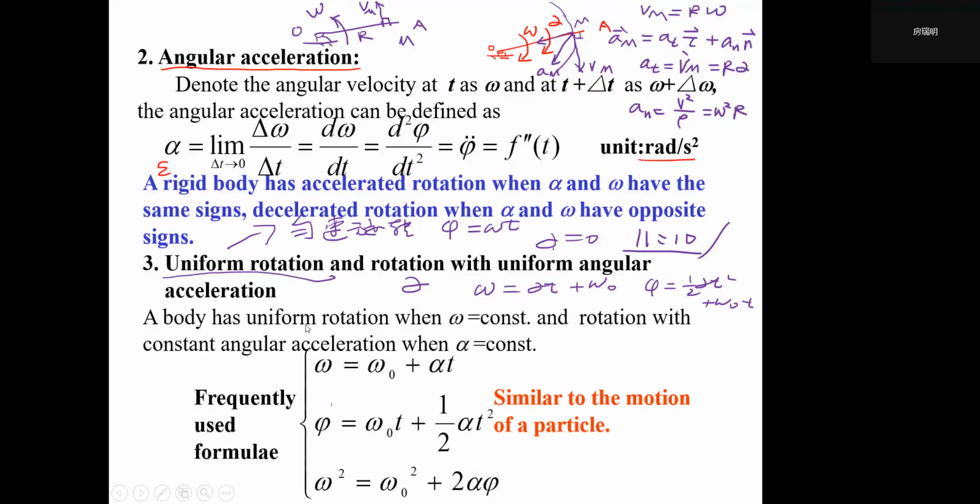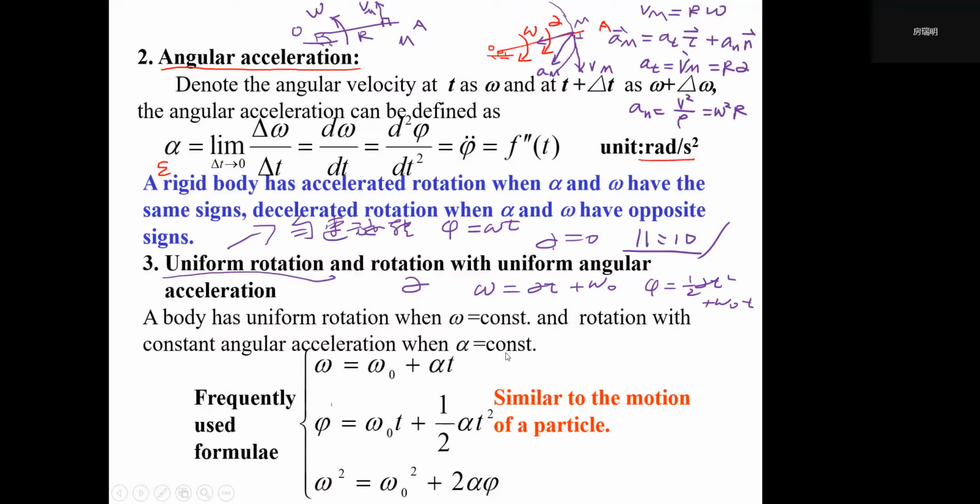A body has uniform rotation when omega equals constant, and rotation with constant angular acceleration when alpha, that means angular acceleration, equals constant. So these three expressions are always used.